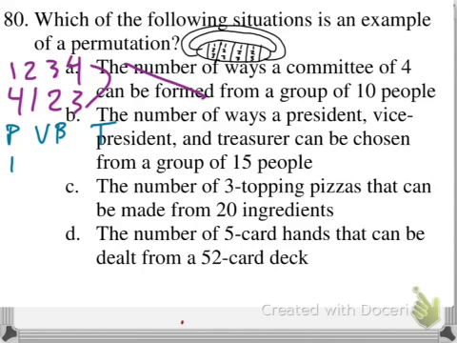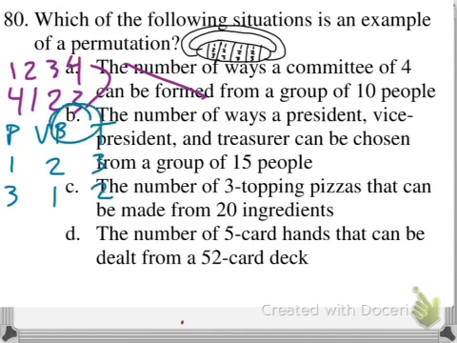So let's say that person 1 was chosen to be president, person 2 for vice president, and person 3 chosen for treasurer. Is it a different setup if I put person 3 for president, person 1 for vice president, and person 2 for treasurer? Yeah, that's a completely different presidency, because number 1's no longer president. Whereas before they were just committee members, this is actually a situation in which order does matter.